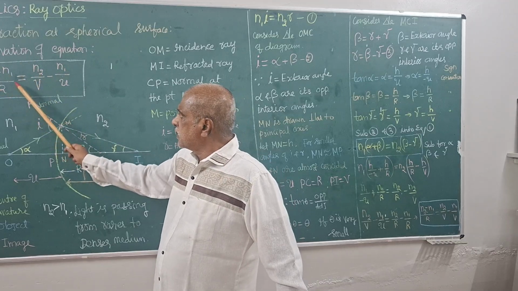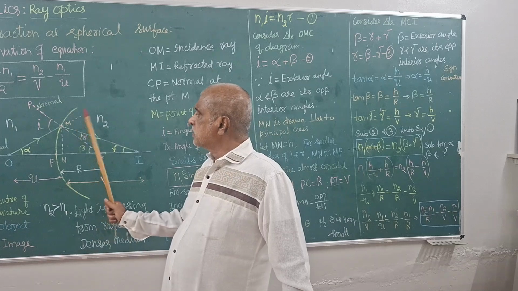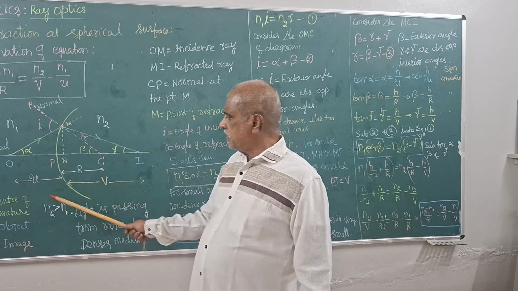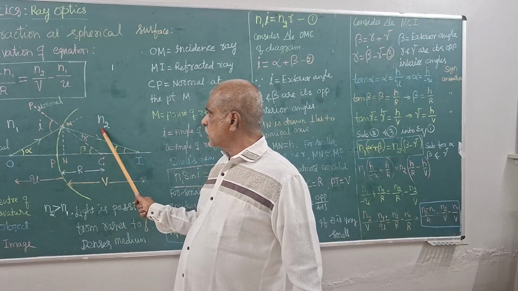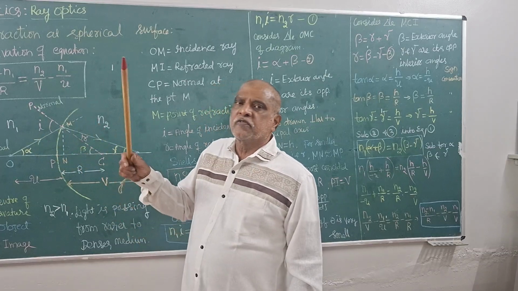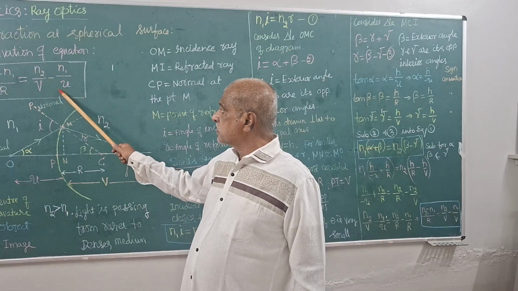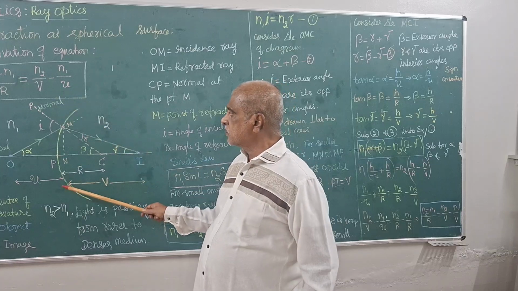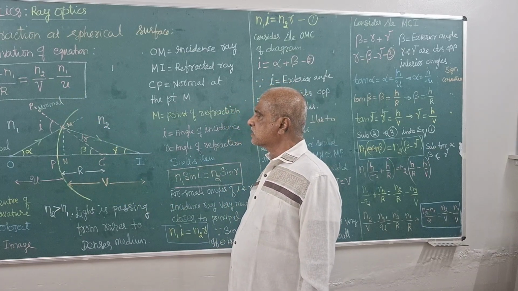This is the equation, left hand side, right hand side. Any change, either a variation of R, or a variation of U, or a variation of N1, or a variation of N2, there is also a change in the other value, but in accordance with this equation. This equation always holds good. This is the equation for the refraction at a spherical surface.